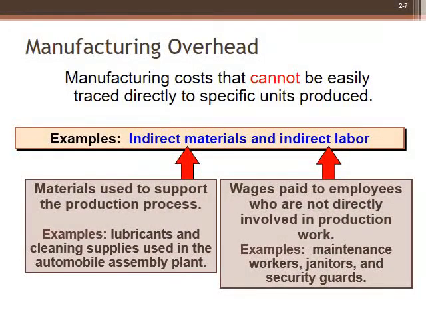The third category is manufacturing overhead. Manufacturing overhead includes all manufacturing costs except direct material and direct labor. In other words, we can say that these are manufacturing costs that cannot be easily traced directly to a specific unit produced.